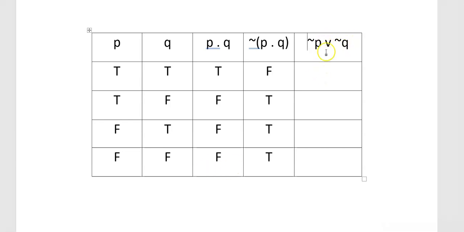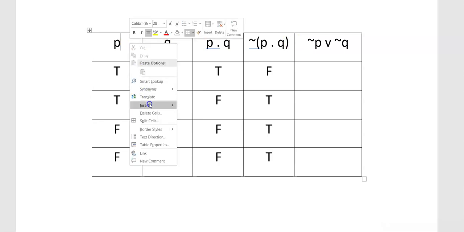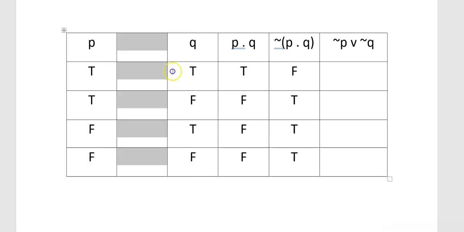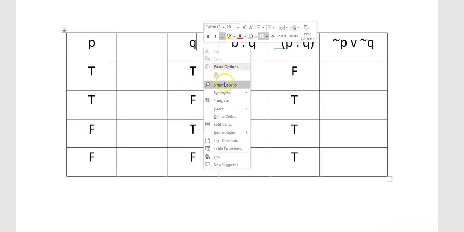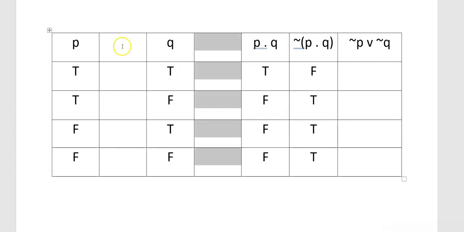Now, to understand that this is the denial of P dot Q, we need to see what could be the value of negation P. So let me introduce one column just at the right side of P and also Q, so that we can see the value of negation of P. So this is the denial of P and this is the denial of Q.